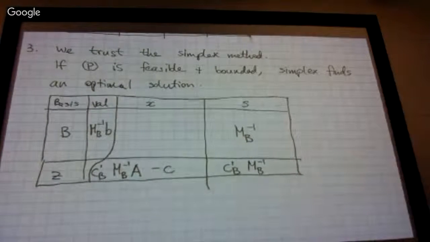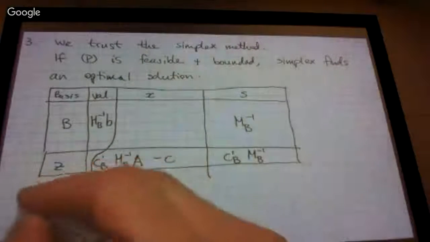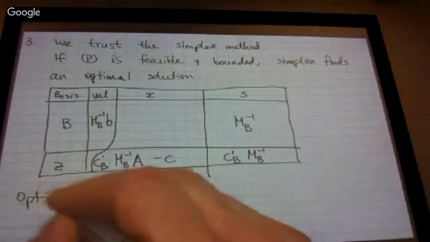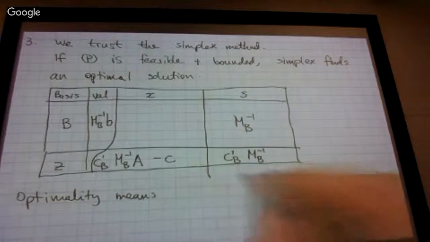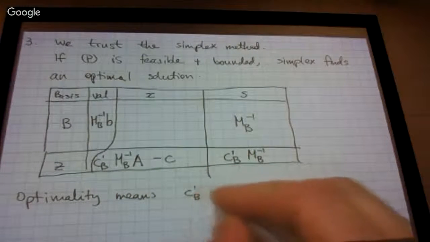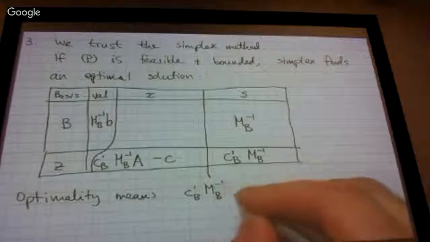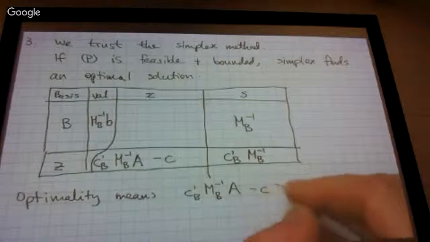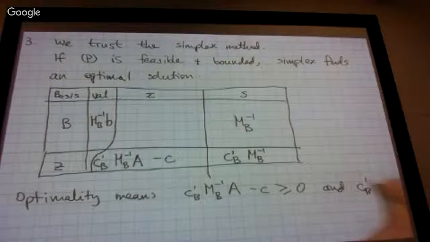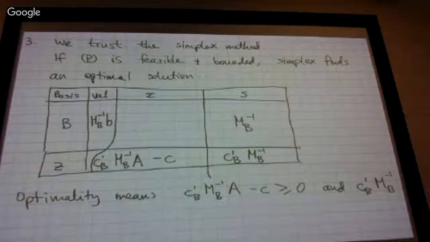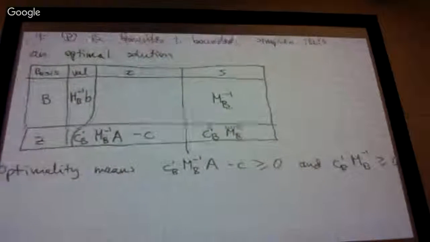So optimality means that this vector is greater than or equal to 0, and this vector is greater than or equal to 0.